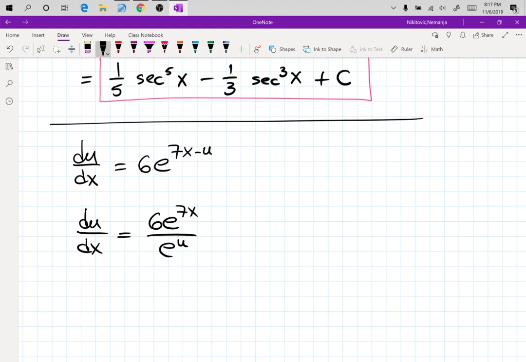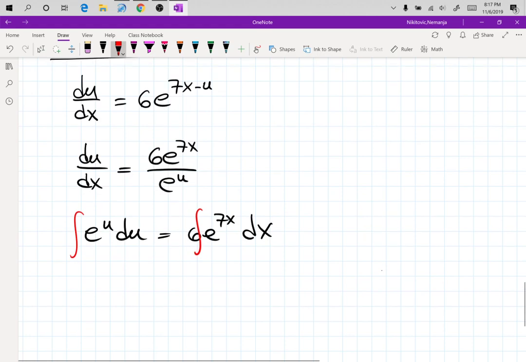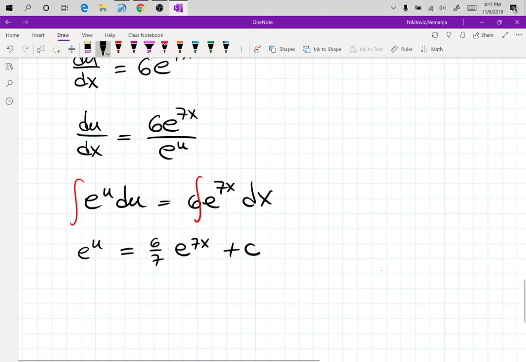Awesome, right? So now we separate the variables. We get e to the u du is equal to 6 e to the 7x dx. Hit both sides with the integral. We get e to the u equals 6 over 7 e to the 7x plus c.